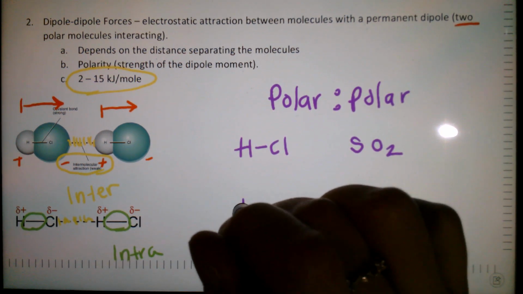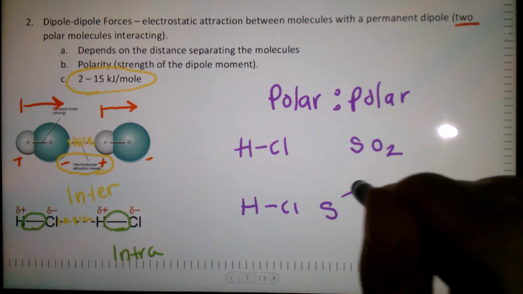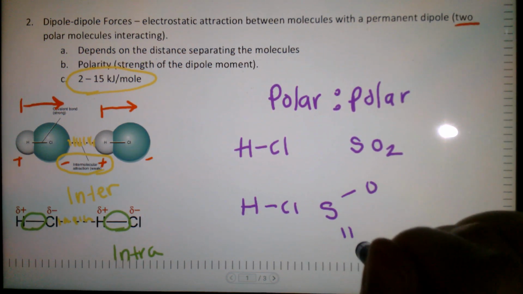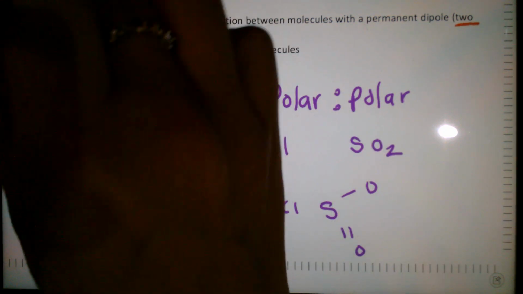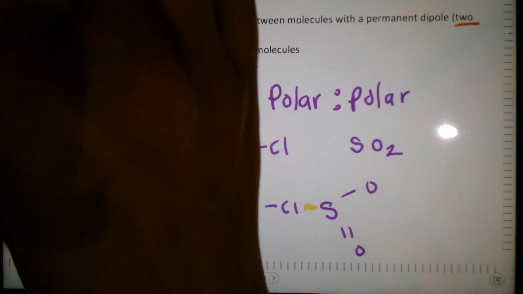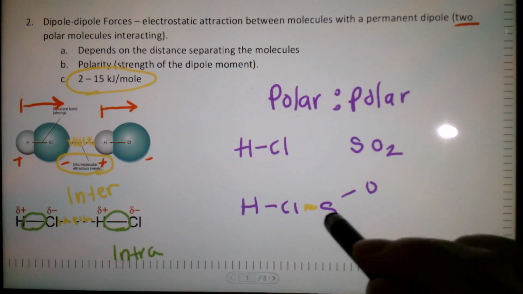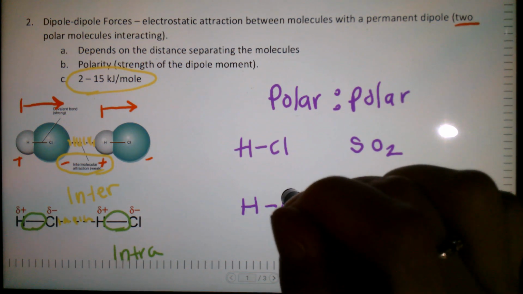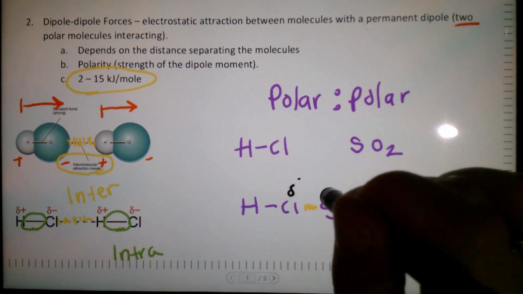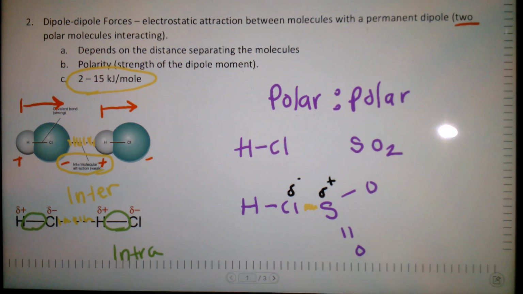same. So we'd have the H and the Cl. Here we'd have the S and the O and the other O. And we would expect that to be our dipole-dipole force because our chlorine is negative and our sulfur would be positive because oxygens are more electronegative.